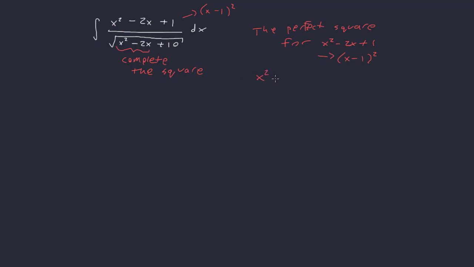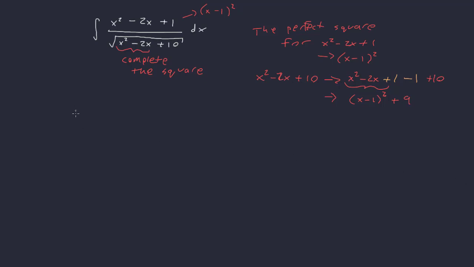So x squared minus 2x plus 10. Well, we can complete the square by adding in a 1, but also subtracting the 1. And we'll leave that plus 10 there. So it ends up giving us this thing factors like we want, and then this becomes a plus 9.